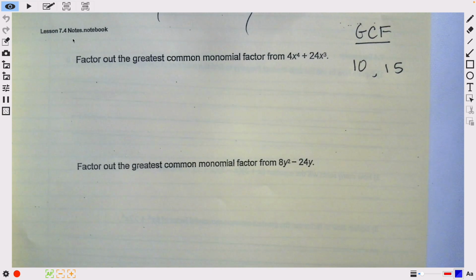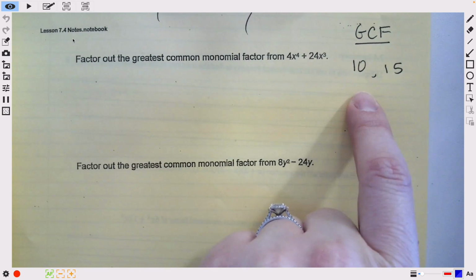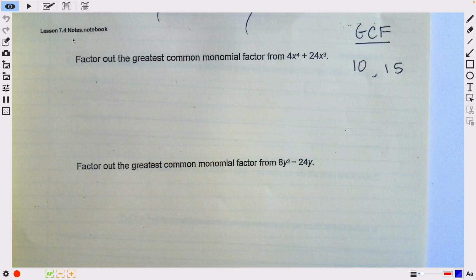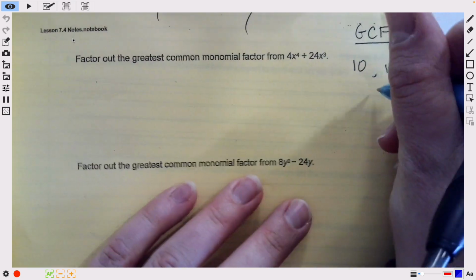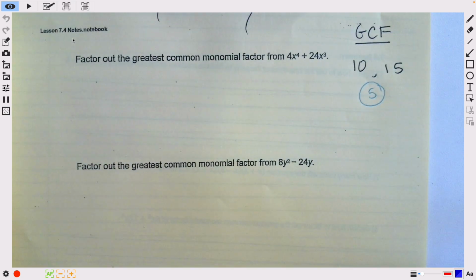Greatest common factor is the largest number that can evenly divide out of both. One singular number that will evenly divide out of both of these. Saw Sharon's hand first. 5. So this would have a greatest common factor of 5 because it's the biggest number that can evenly divide out of both without decimals or fractions.